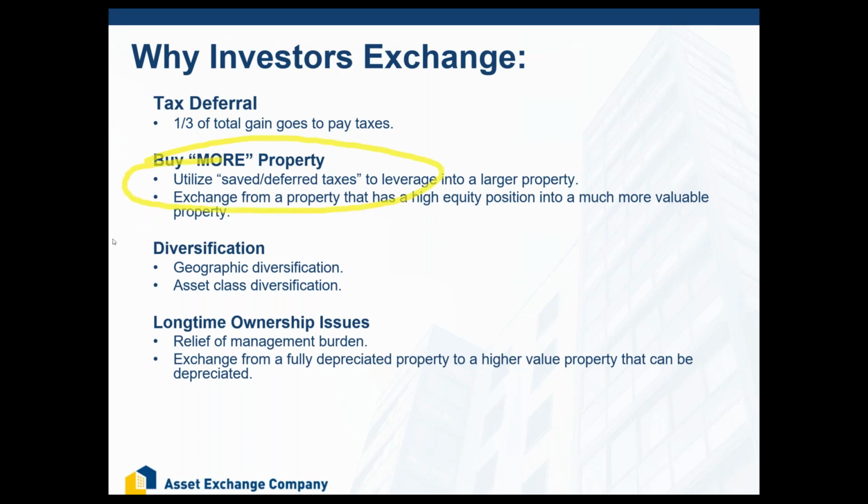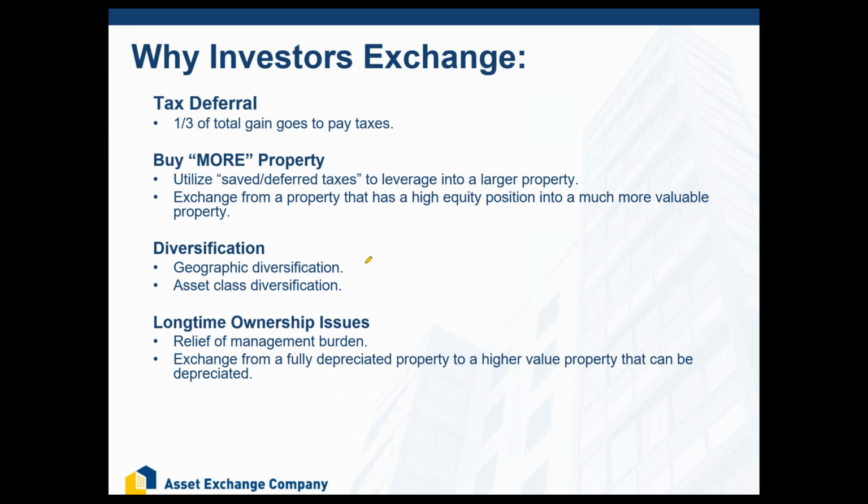Now, some of my clients are already very wealthy and they already own a ton of property. Those people will do 1031 exchanges because they want to protect and preserve their wealth. And the best way to do that is to diversify, right? Think about it. If you own $20 million worth of real estate in San Francisco and there's an earthquake, all of your property might slide into the ocean.